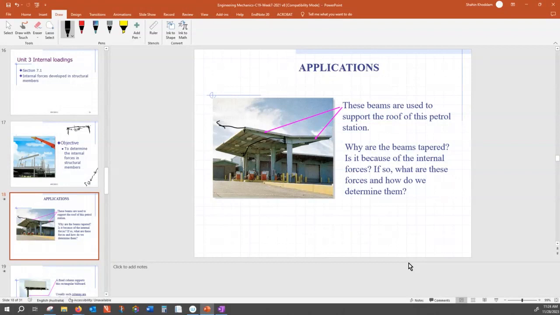points here are more critical than points here. So some smart engineers decided to optimize the use of the material. It was easy for them to take a thick, uniform beam like that, right? But that would have taken too much material, too much resources.